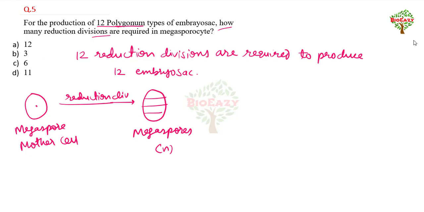Now you can see this is the first megaspore, second megaspore, third megaspore, and fourth megaspore. In the process of maturation, 3 megaspores degenerate and only 1 megaspore remains active. This is one haploid megaspore.